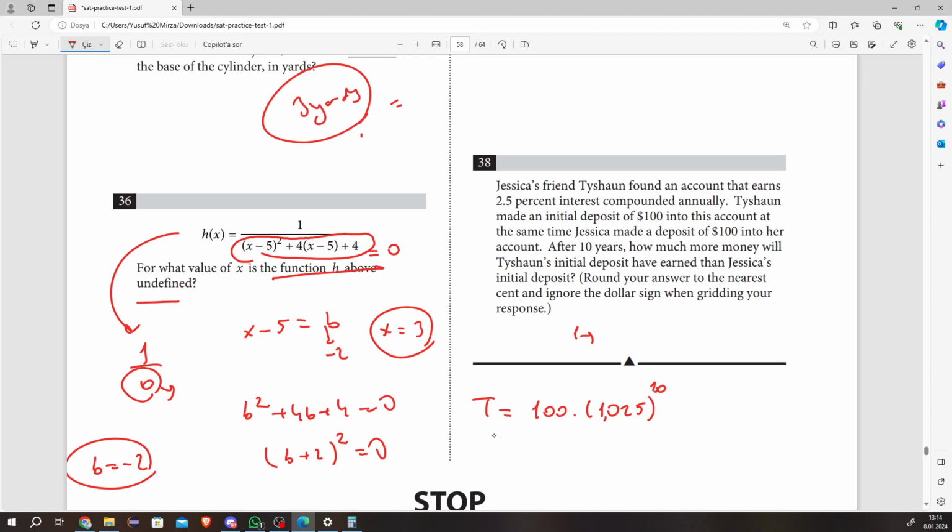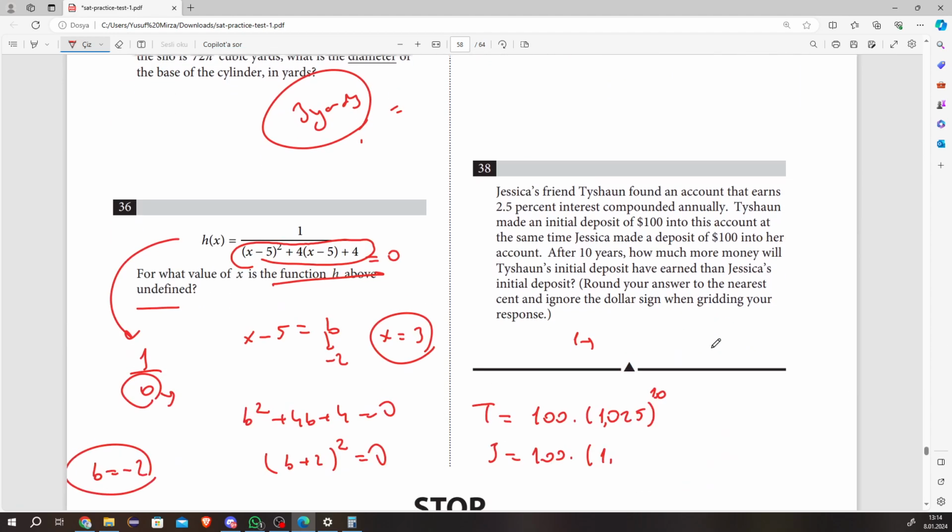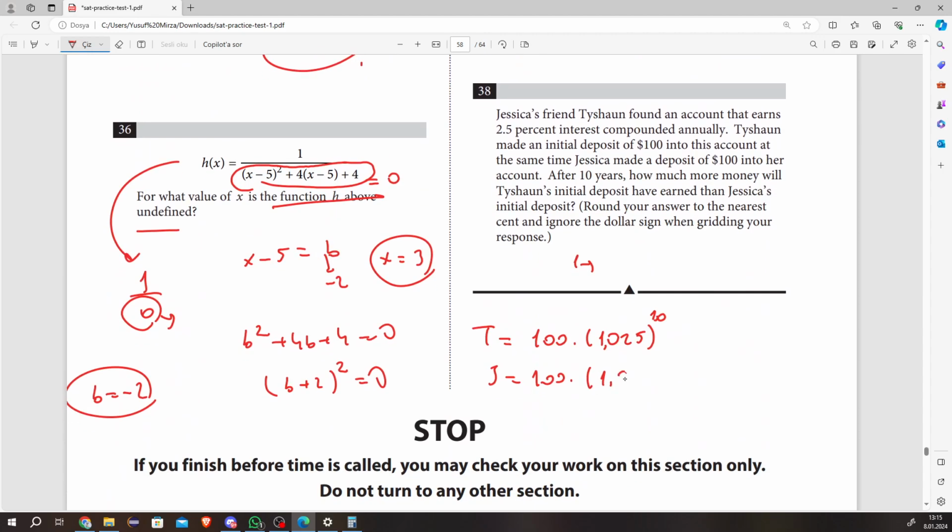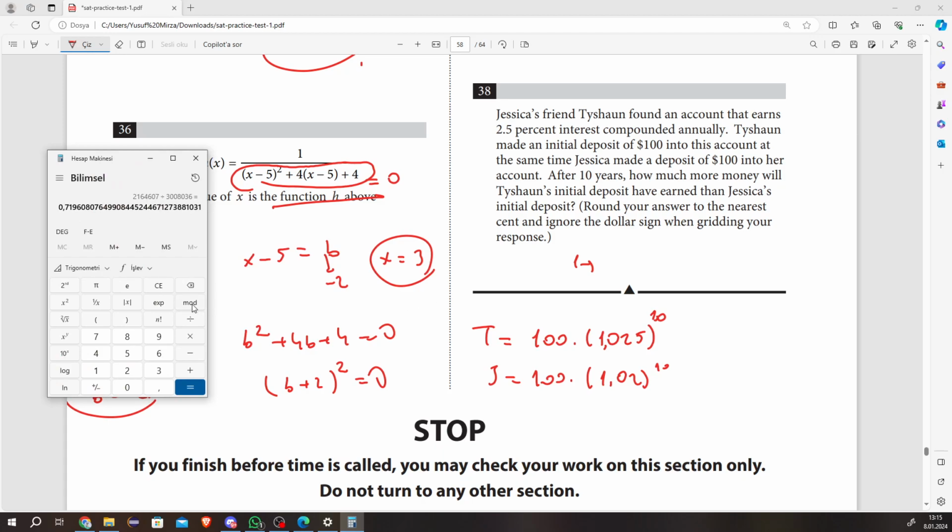We are waiting for 10 years, and Jessica's interest is 2, and she's waiting 10 years too. So let's calculate, if I can use this.